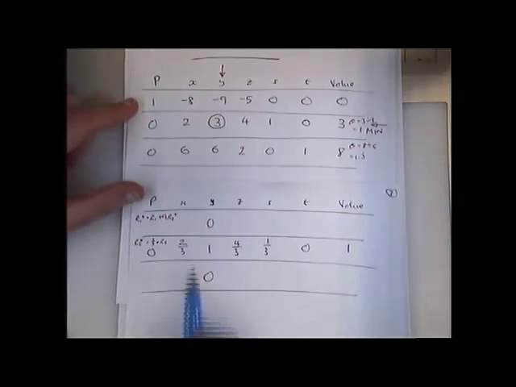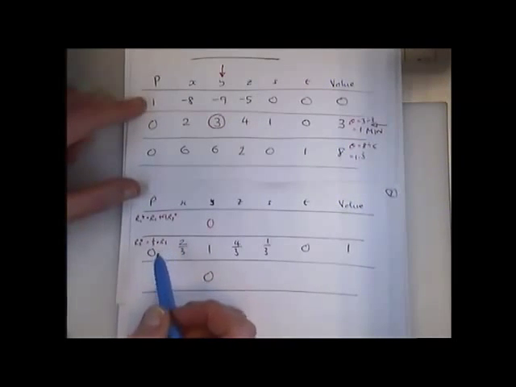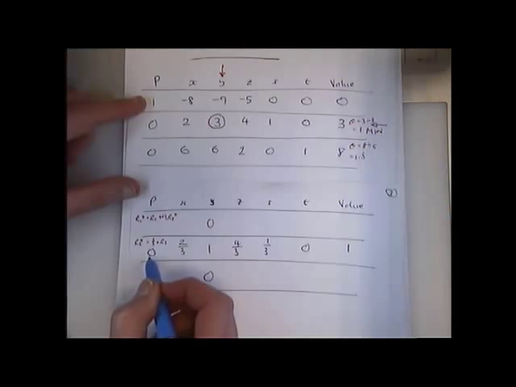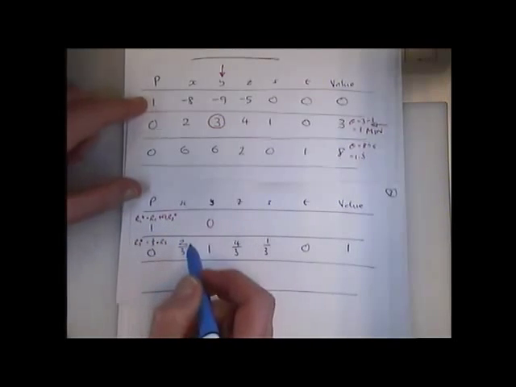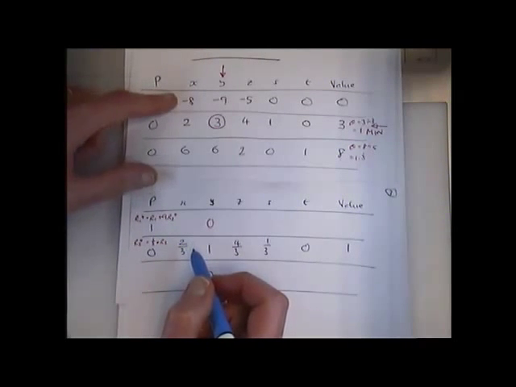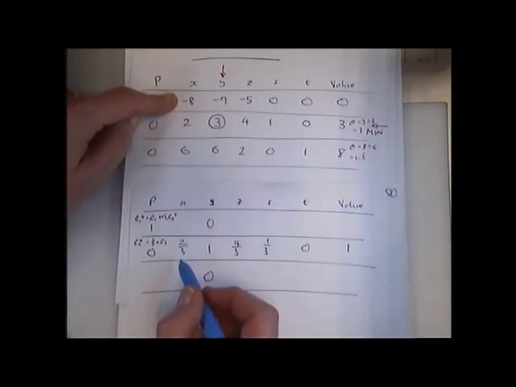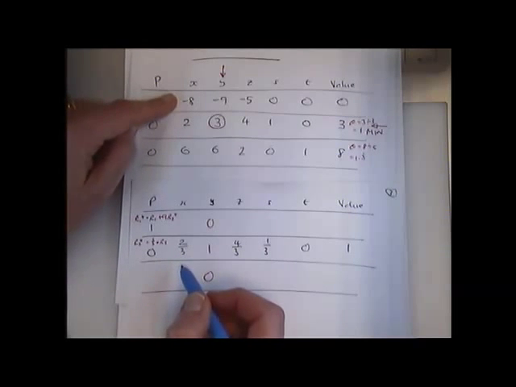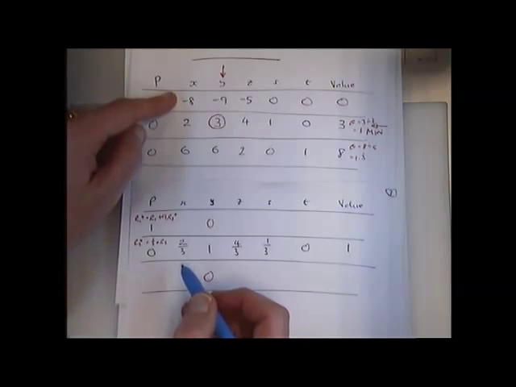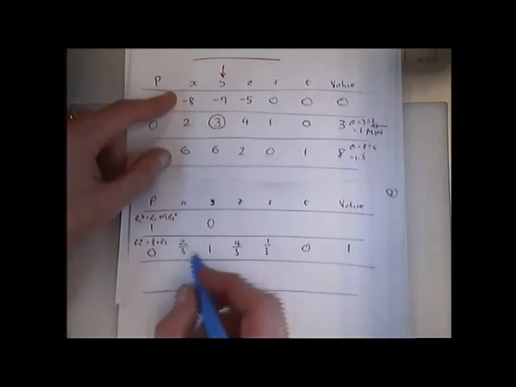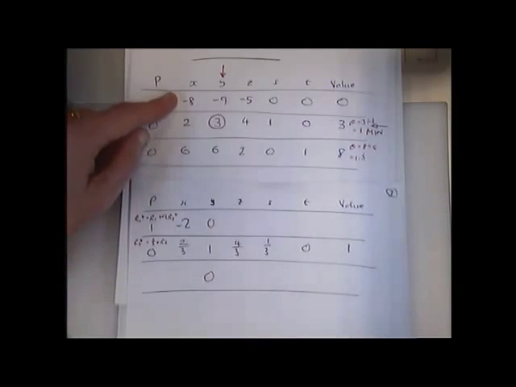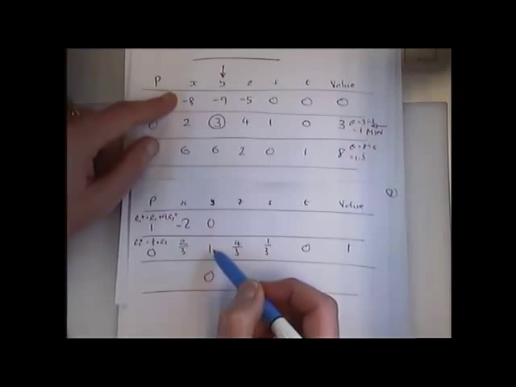Right, I don't mind who shouts the answers out. So here it's going to be 1 plus 9 zeros. Here it's going to be -8 plus 9 times 2/3. Go for your calculator. What have we got? -2 is correct. The next one is done.